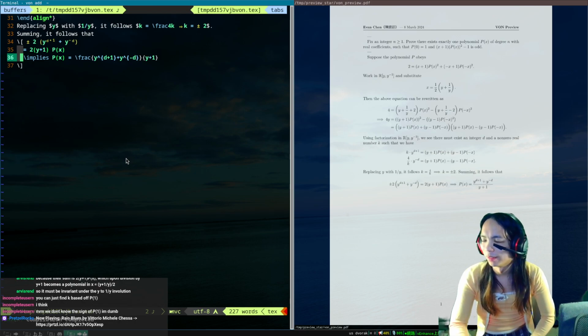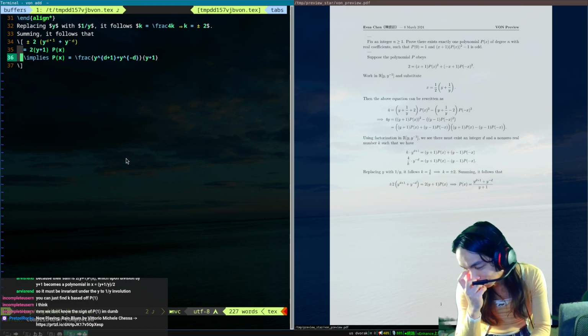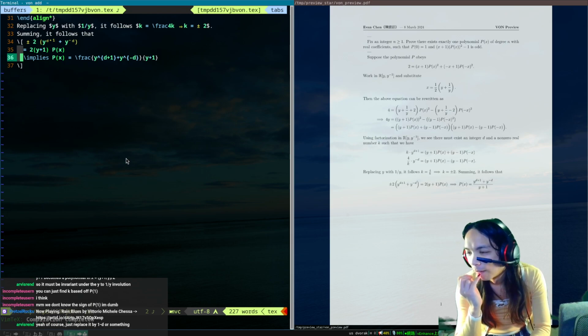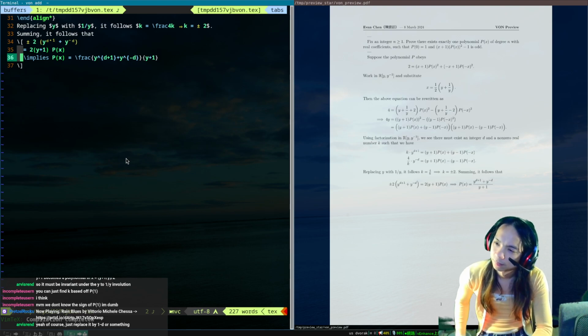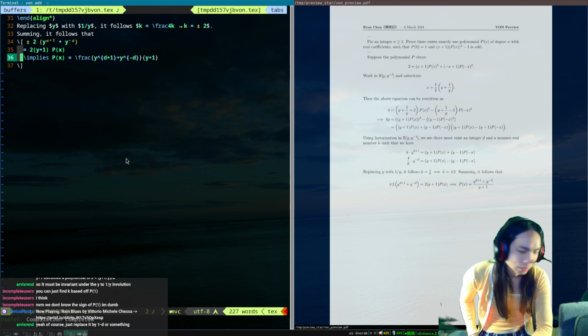Can we make d positive somehow? Just replace d with 1 minus d or something.